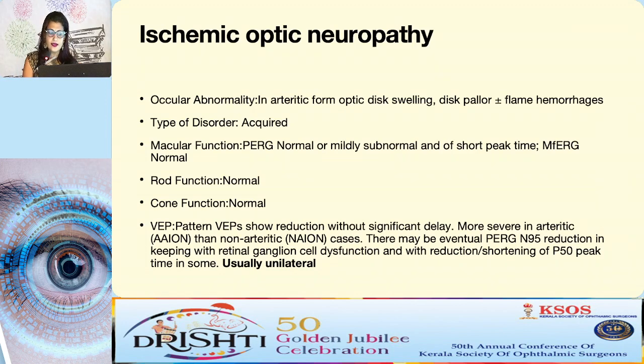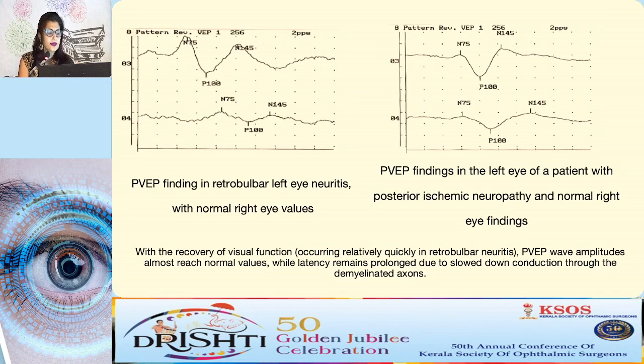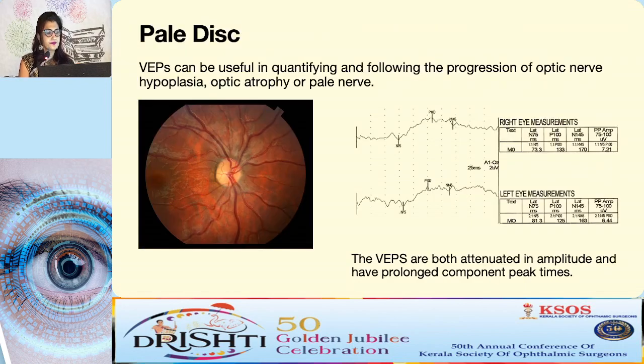So you will find a reduction in the amplitude without any change in the latency in non-arteritic AION, and more severe in arteritic AION. The pattern VEP in retrobulbar left eye neuritis, you can see that it is affected, and in the left eye of a patient with posterior ischemic neuropathy also you can see that it is affected, but the P100 will be normal.